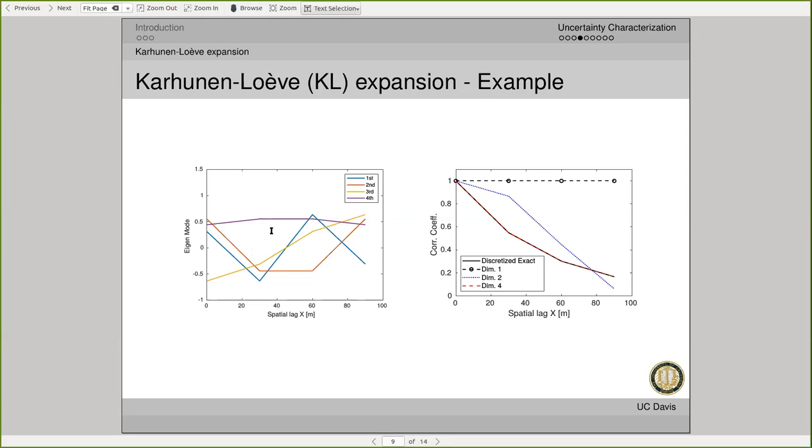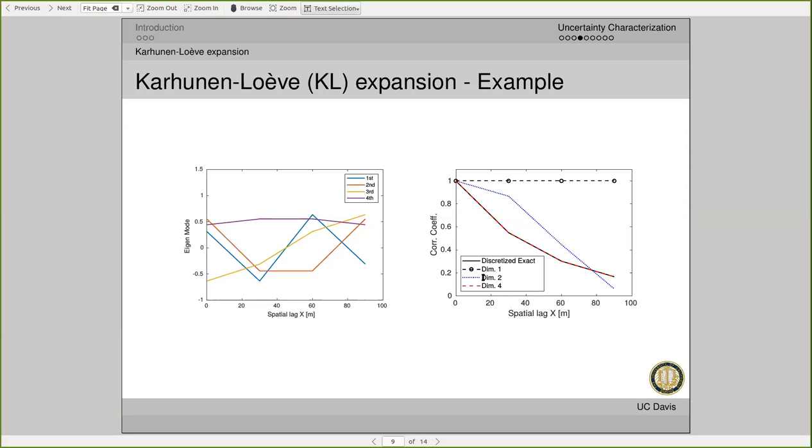And here I'm showing you the different eigenmodes of this exponential correlation structure. On the right-hand side, I'm showing you the synthesized correlation structure from a Karhunen-Loève expansion with different numbers of dimensions. As you can see here, the thick black line is the discretized exact correlation structure of the original input, which is the exponential correlation.